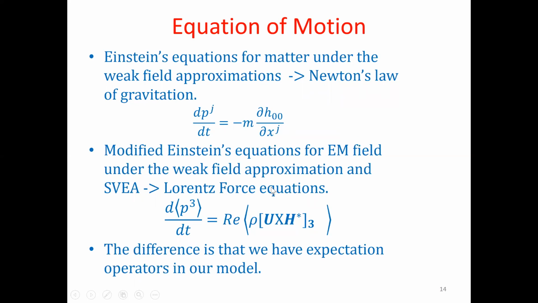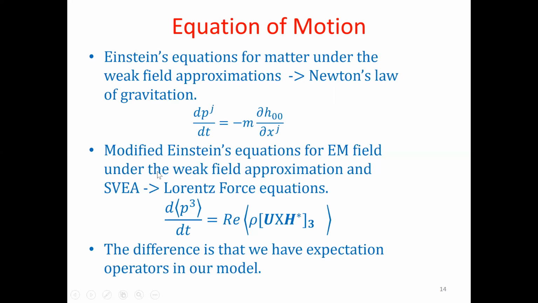Equation of motion. First, let us consider Einstein's equations for matter, which under the weak field approximation lead to Newton's law of gravitation in this form. Here, the deformation of the metric coefficient H00 could be identified with the gravitational potential of Newton's theory.